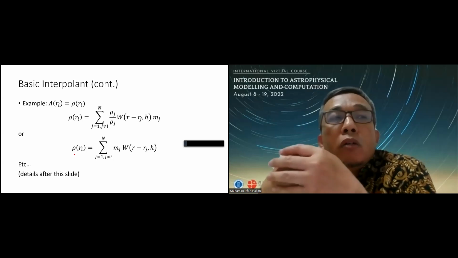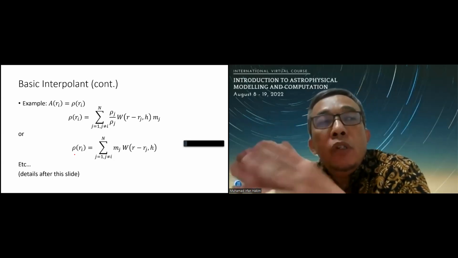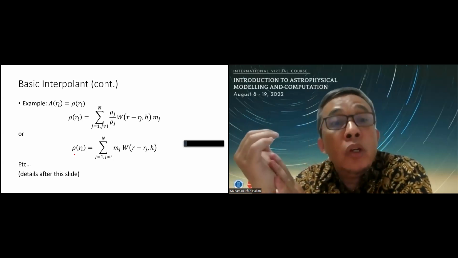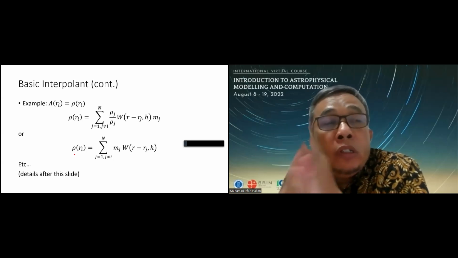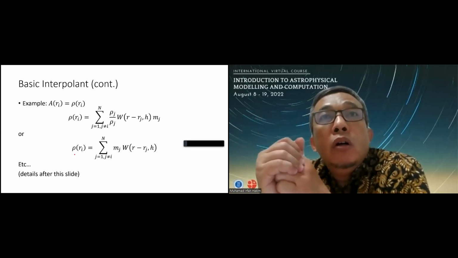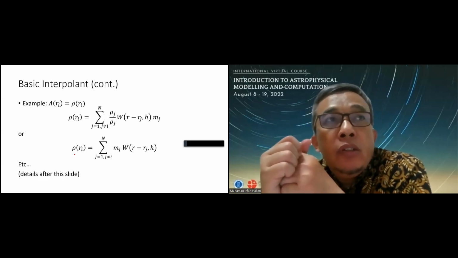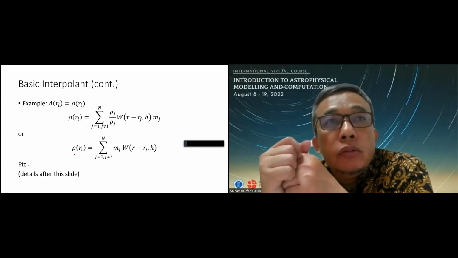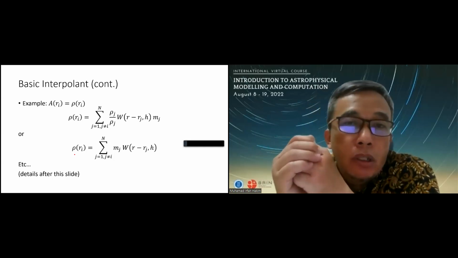Of course, we are facing many terms in the partial differential equation, not only rho, but also, for example, the first time derivative of rho, or maybe the divergence of mass flux or energy.